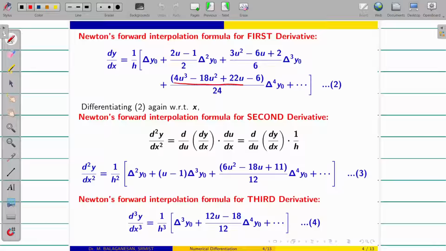Actually it will be 12u square minus 36u plus 22 divided by 24, I mean 3 factorial will be there. The 2 they have taken as common, they cancelled here. Do not get confused. Simply you can write 12u square minus 36u plus 22 divided by 3 factorial. No issues. Clear? This is what you have to write.